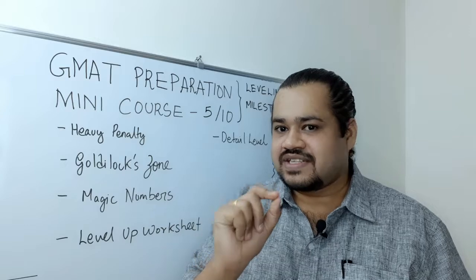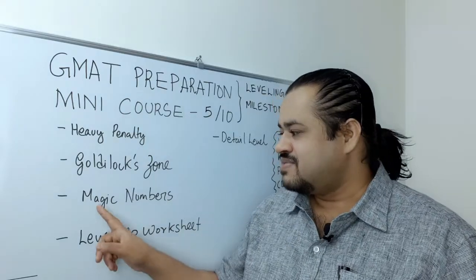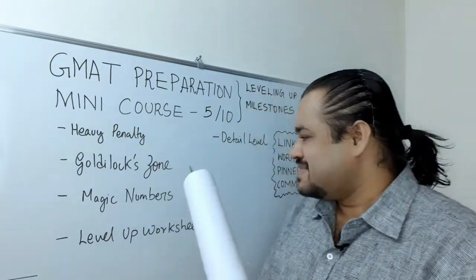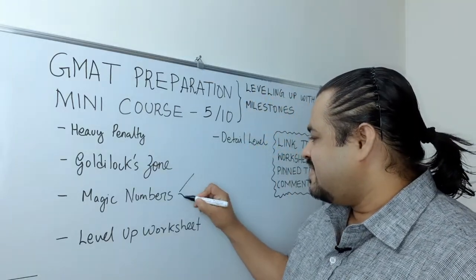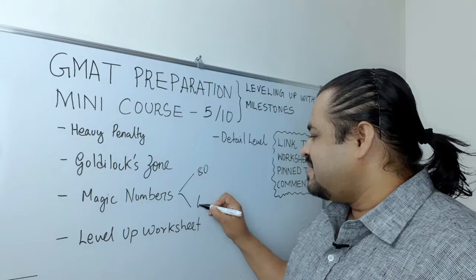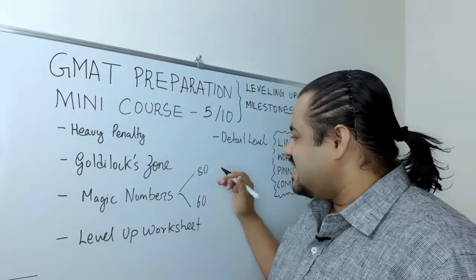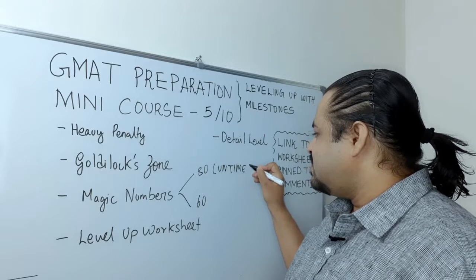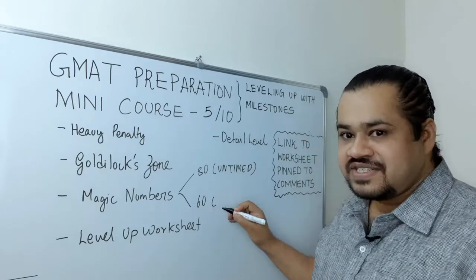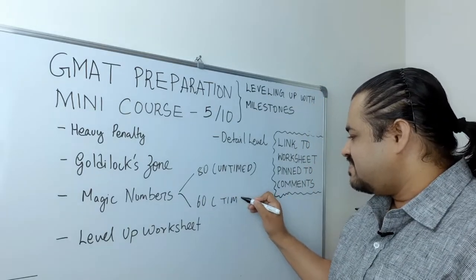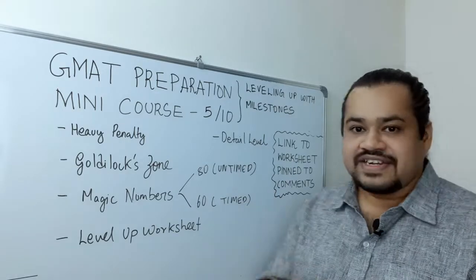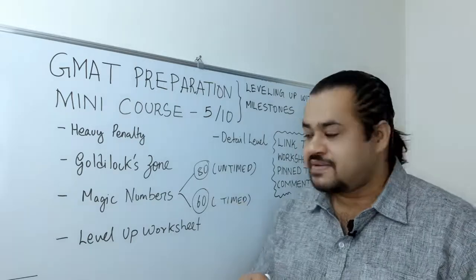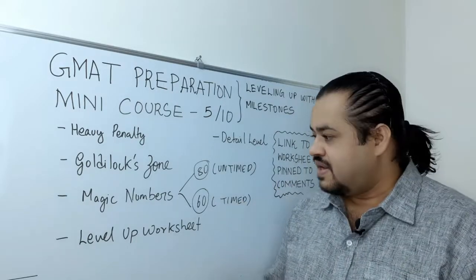And to time that transition correctly, you have to be aware of certain magic numbers. So these magic numbers are 80 and 60. This 80 is for untimed and this 60 is for timed. And what do these numbers represent? They represent accuracy.